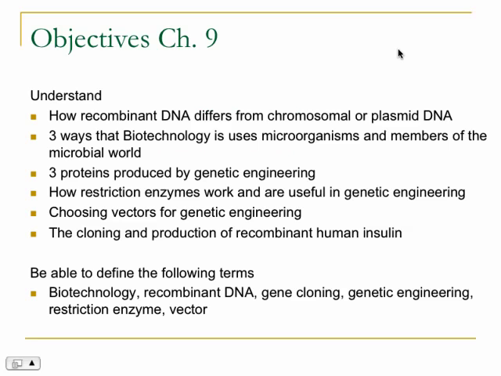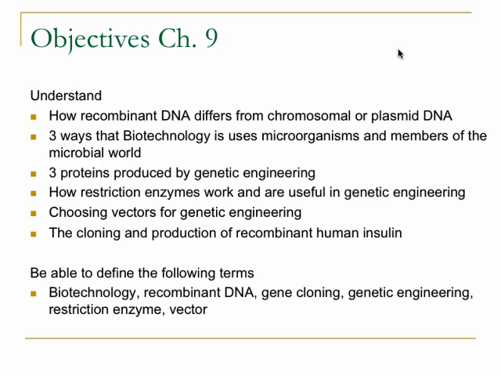Okay, so from Chapter 9, I hope that you will understand what recombinant DNA is and how it differs from chromosomal and plasmid DNA; 3 ways that biotechnology uses microorganisms or members of the microbial world; 3 different proteins that are produced by genetic engineering, or 3 types of benefits that we can gain; and how restriction enzymes work and are essential to genetic engineering.